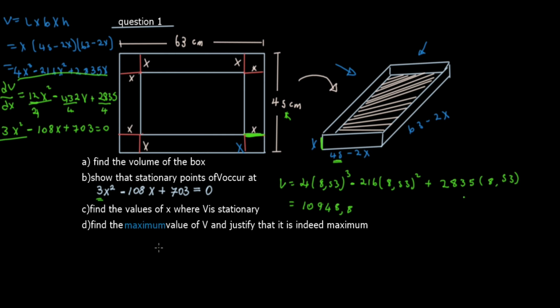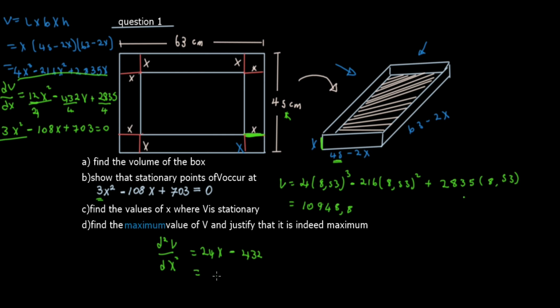So let's say the second derivative of the volume would be given by 2 times 12 will be 24x minus this, we just write the constant as 432.